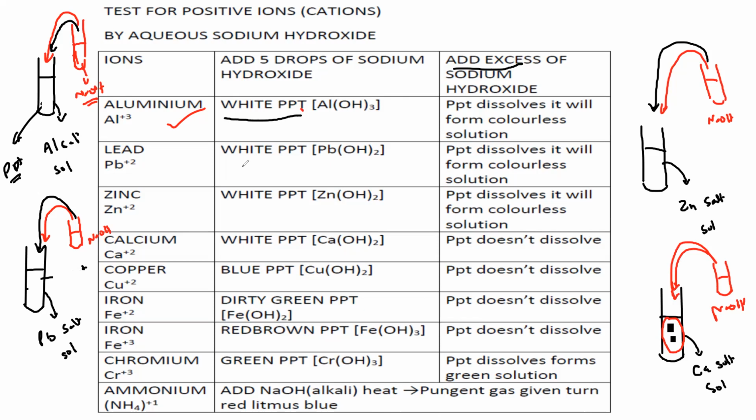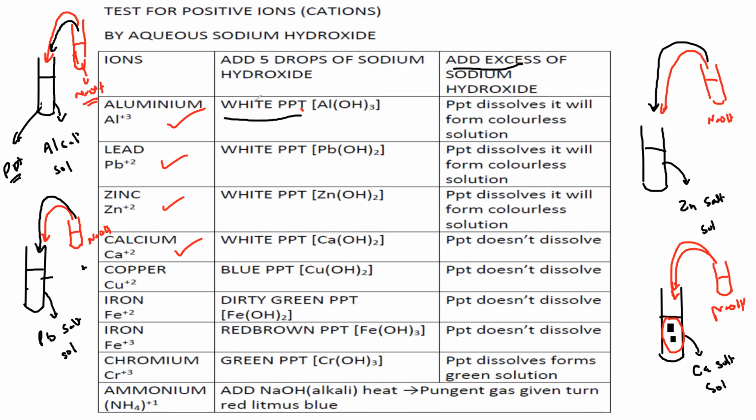Is it clear? The first four: aluminium, lead, zinc, and calcium. So you have to learn both things. You have to learn the observation with 5 drops and you have to learn the observation in excess. In exam, they can give you both ways. They can give you a salt and ask, adding sodium hydroxide 5 drops and in excess, what will be the observation? Or it can be the other way around.